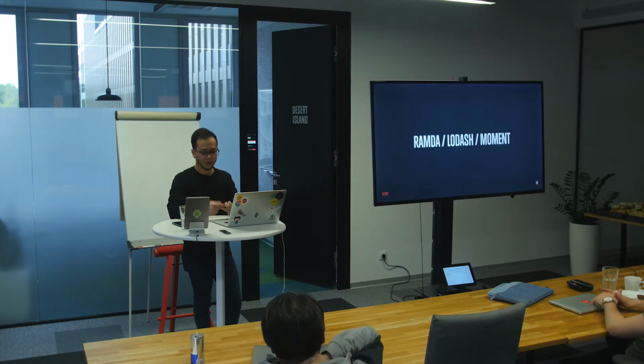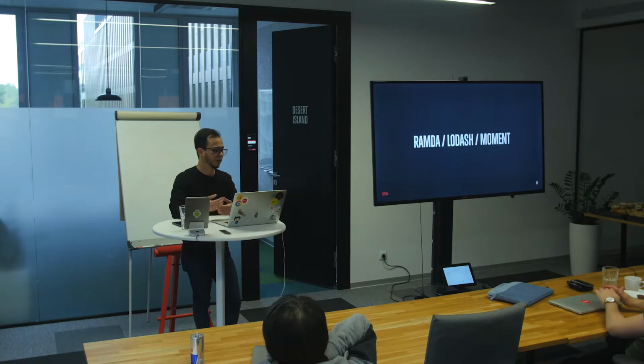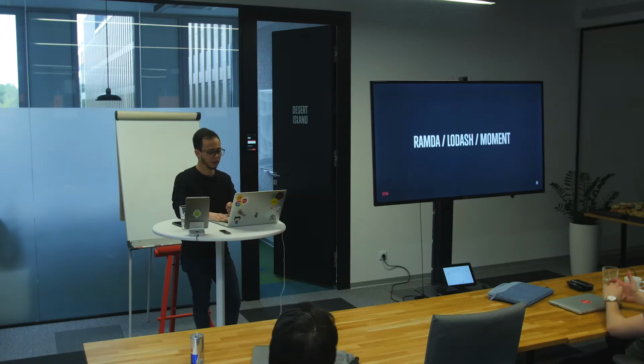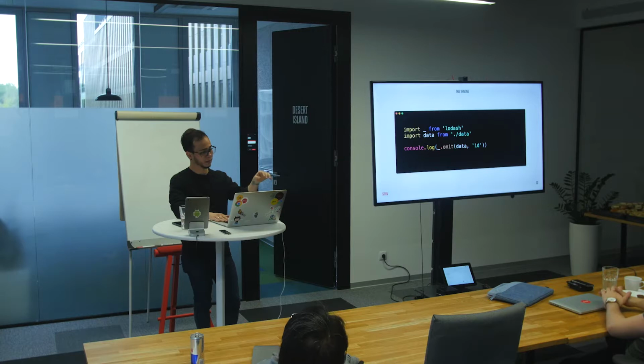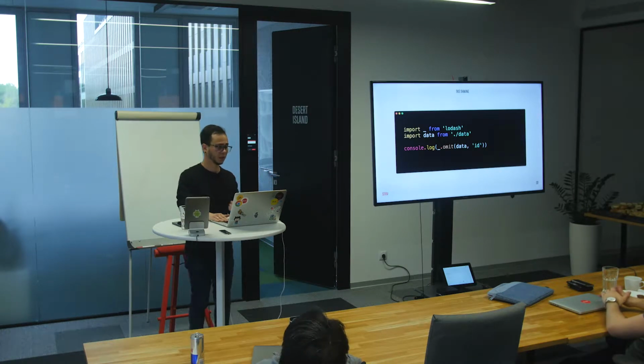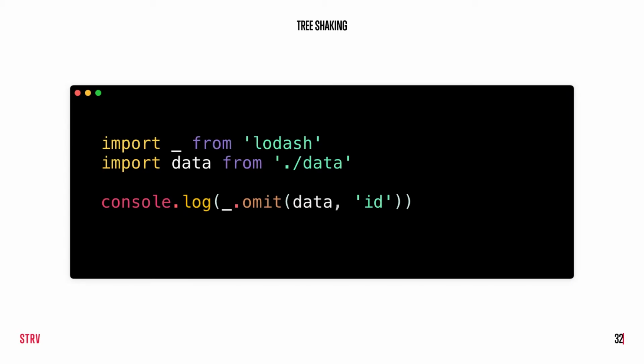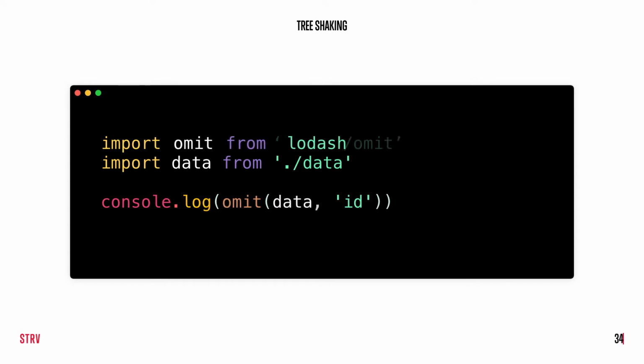This works for Ramda, it works for Lodash, it works for Moment.js and many libraries. So at least just be aware that there will be a plugin that will help you with the tree shaking. Just don't import things like this. Otherwise, with tree shaking, there is no way for it to know what it should import or not.